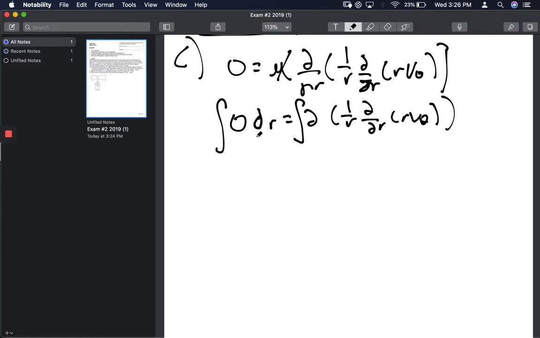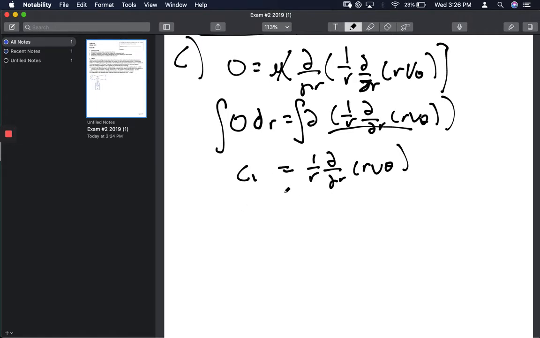And what you're left with here is 0 integrated will always come back to be a constant, so that's C1. And then this will be just this term here, so that's 1 over r d/dr r vθ. So now we're going to want to do the same thing, separate and integrate.